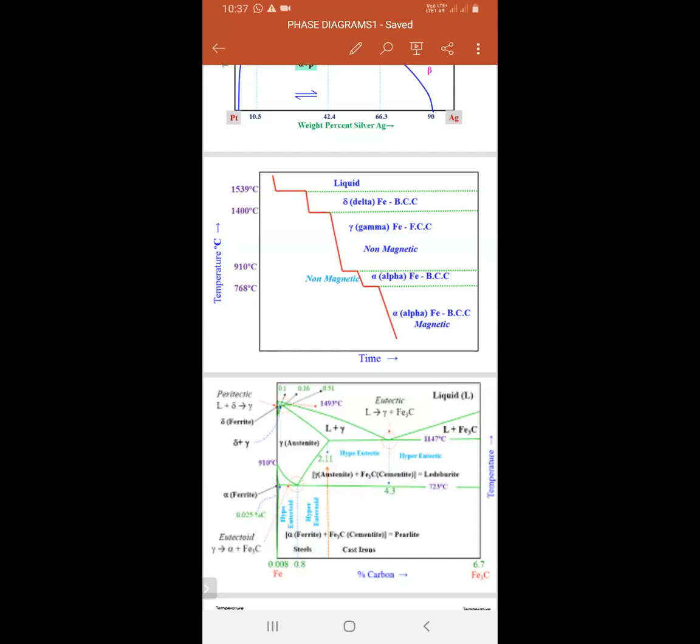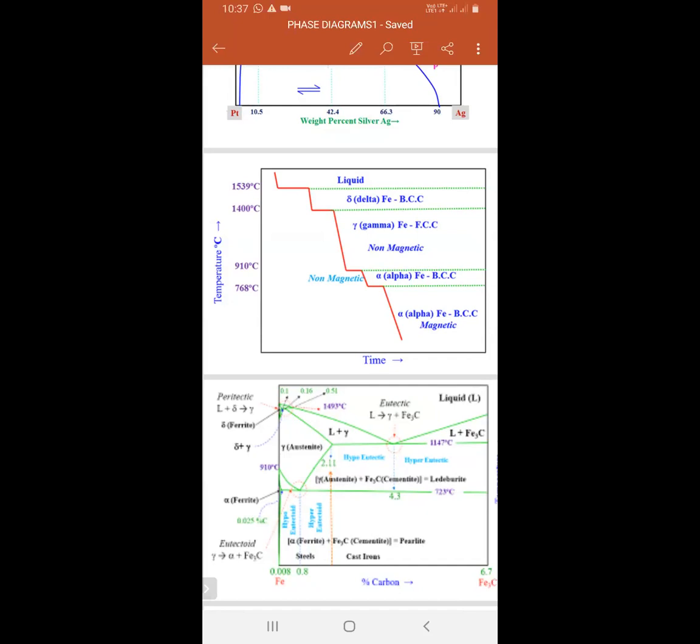Can you tell the melting point temperature of pure iron? 1539. Very good.